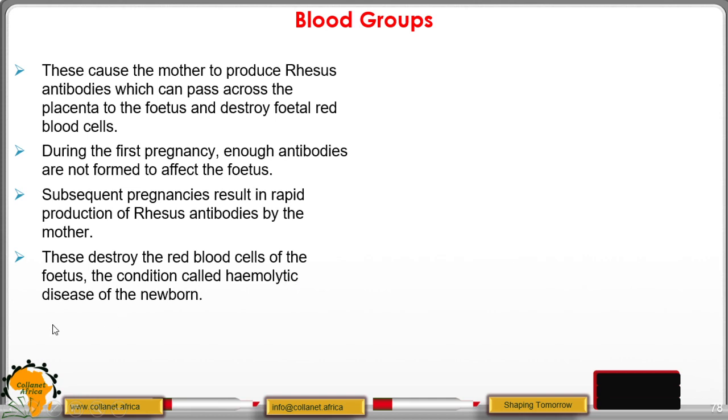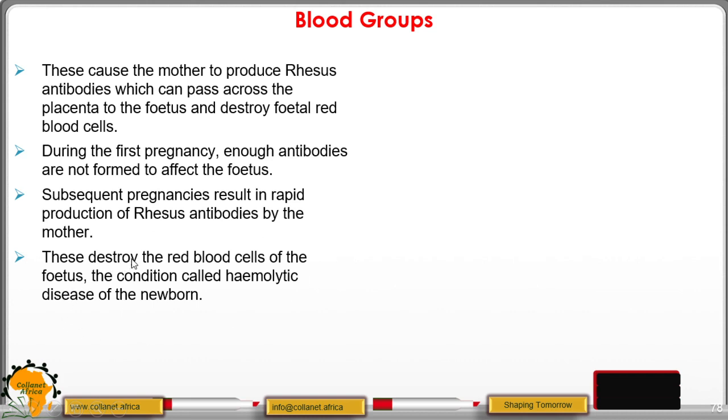This condition is called hemolytic disease of the newborn, because the mother is Rhesus negative and the Rhesus factor has been introduced. The mother's body will view it as foreign, but the first pregnancy will have no serious impact. The second will have impact because her body will have developed antibodies to resist the Rhesus factor, because the father is Rhesus positive.